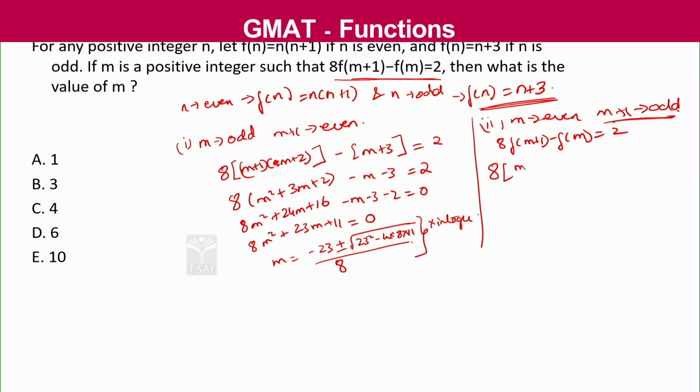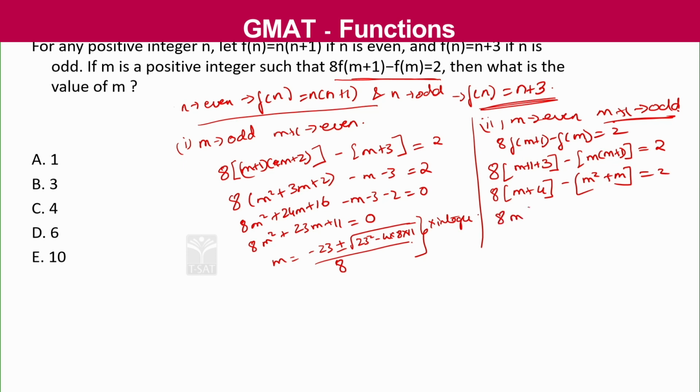But here n is m + 1, so (m + 1) + 3, minus f(m), and when m is even, f(m) is m(m + 1), equals 2. So, 8(m + 4) - (m² + m) = 2. So, 8m + 32 - m² - m = 2. So, you have -m² + 7m + 30 = 0.